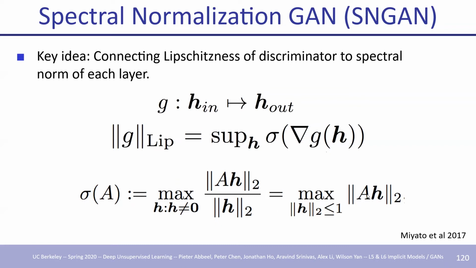So this basically measures sigma of A, the spectral norm of matrix A, measures how far it can project vectors. So if a vector is of length 1 and if it is turned into a vector of length 5, and that's the maximum, then we know that the spectral norm is 5. So it has the possibility of taking a vector of length 1 and turning it into a vector of length 5 at most. And so that's the norm of this matrix.